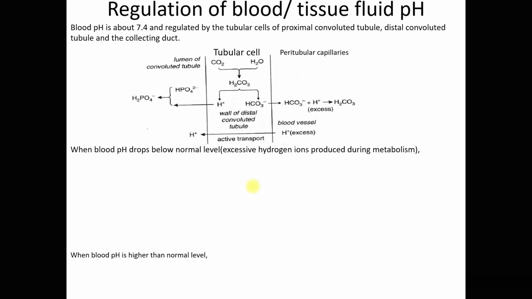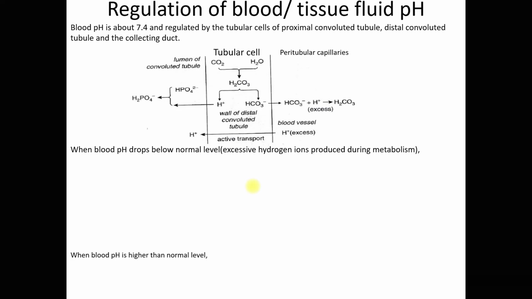Now let's discuss regulation of blood pH, or tissue fluid pH. Blood pH is about 7.4, which is close to neutral. Our blood pH is regulated by the tubular cells of the proximal tubule, distal tubule, and the collecting duct.